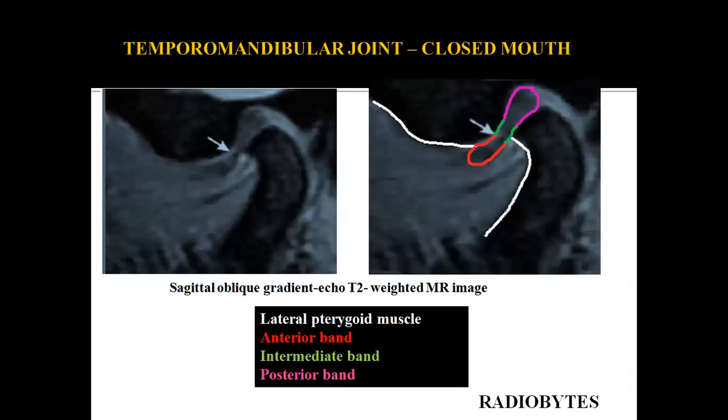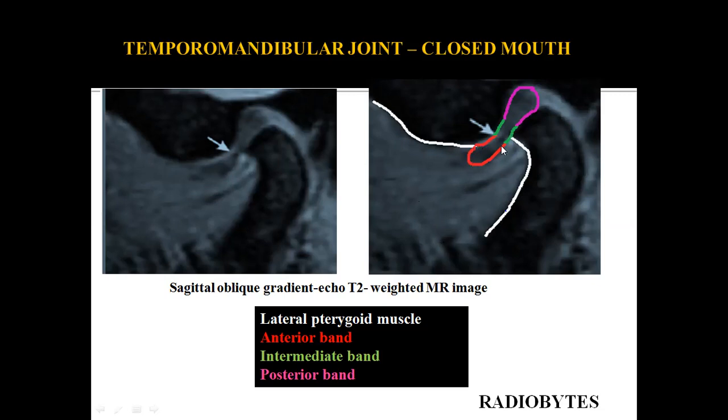So moving on to the MRI interpretation of a normal temporomandibular joint in closed mouth position. Here you can locate the articular disc in both the images. In this image, the region marked with white represents the lateral pterygoid muscle.